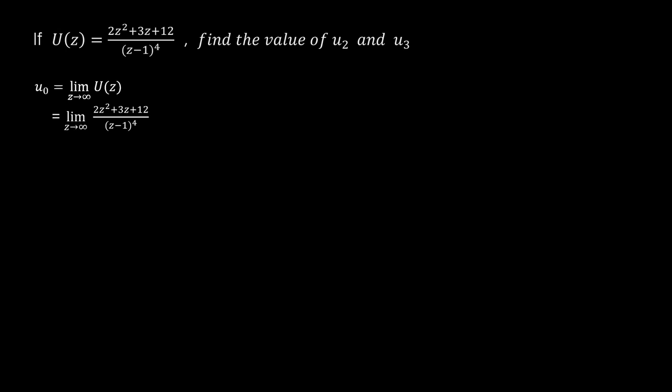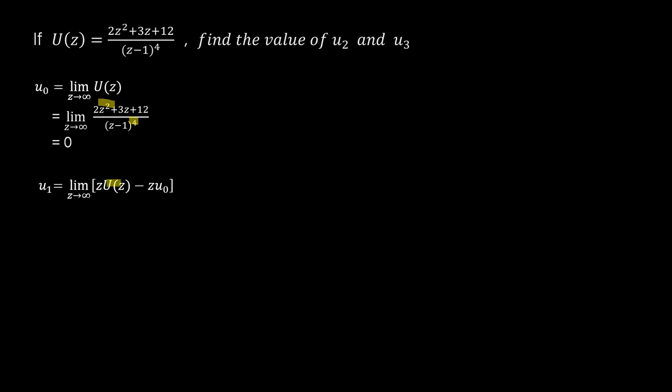Just observe, the degree of the numerator is less than the degree of the denominator. Therefore, your u0 is 0. Next is u1, which is equal to limit of z into U(z) minus z into u0 as z tends to infinity.